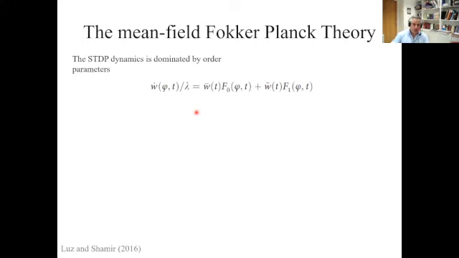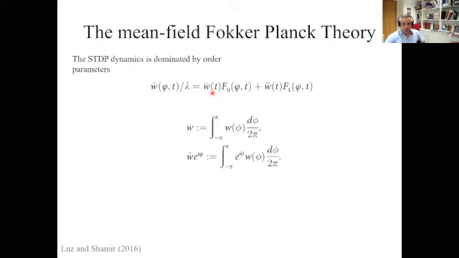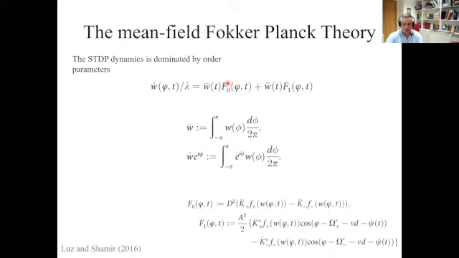And when we do the math, one finds that the STDP dynamics of a single synapse, and remember we have n such equations, depends on two order parameters, which are W bar, the mean synaptic weight of the population, and W tilde, the first order component, or actually the population vector of the synaptic weights, up to some factors that depend also on other factors of the STDP dynamics.